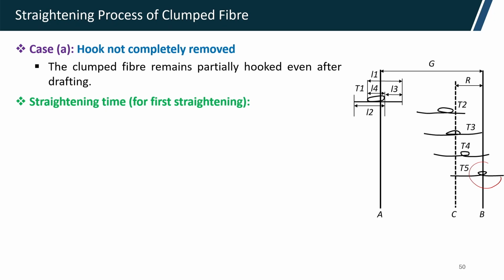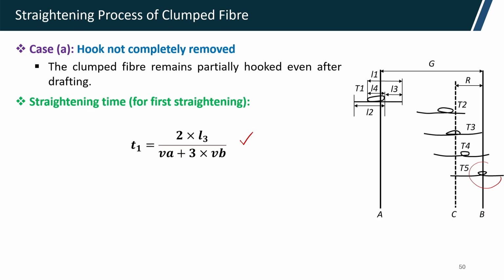Straightening time for fast straightening, T1 equals 2 L3, where L3 is this length here, divided by V A plus 3 V B.